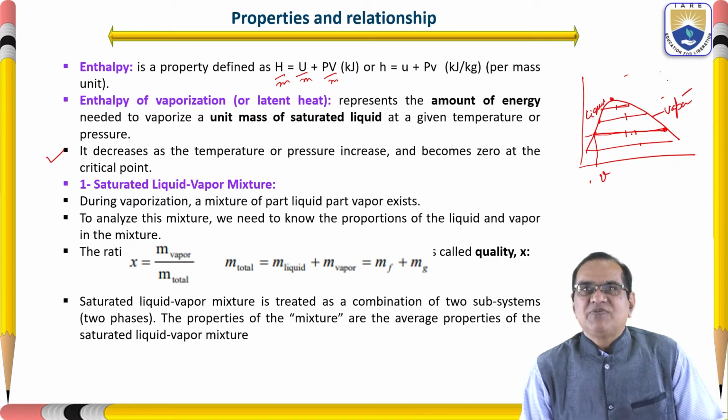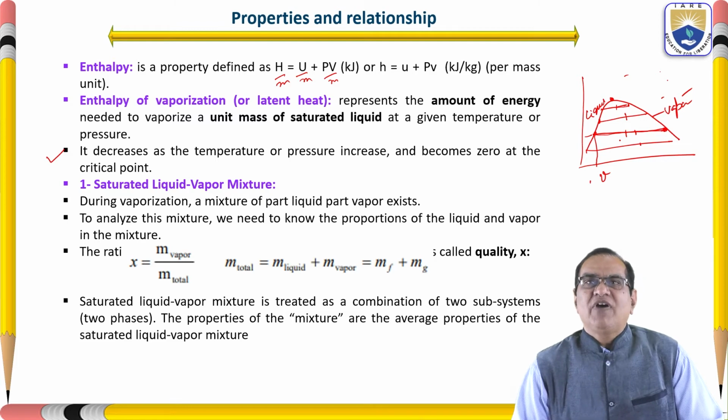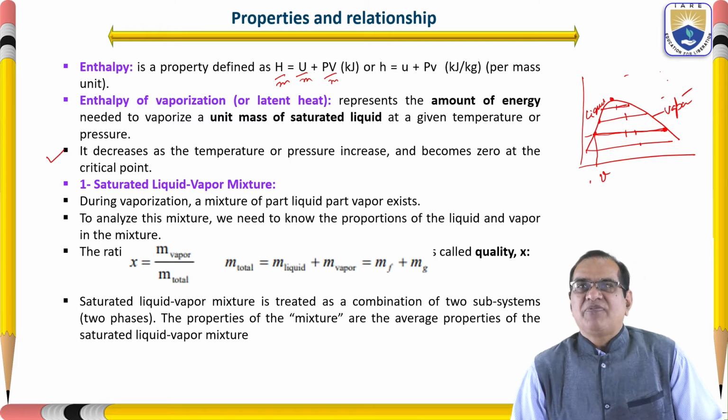In between, there is a mixture of vapor and liquid. Some part is liquid and some part is vapor. To analyze this mixture, we need to know the proportion of the liquid and the vapor in the mixture.